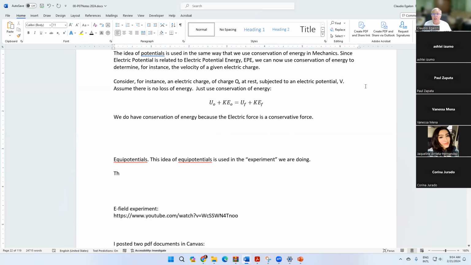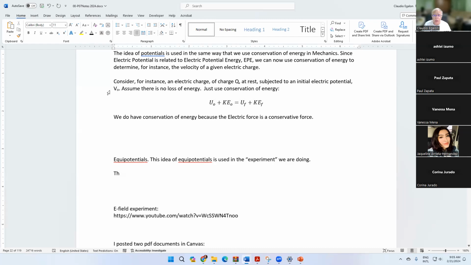Consider, for instance, an electric charge Q at rest, subject to an initial electric potential V naught. Just better this way. Assume there is no loss of energy, initially at rest.